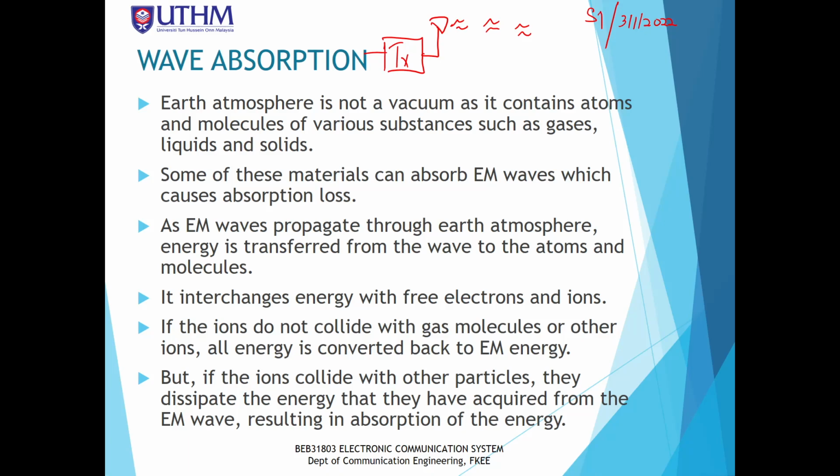For example, here is an example of wave attenuation, wave absorption: a water molecule within the atmosphere, where it will absorb some of the energy of the waves. So what happens is that when some of the energy is absorbed by that obstacle, by the water molecule in the atmosphere, the wave is going to be attenuated. Attenuates here means, in Malay, we call it pelemahan signal.